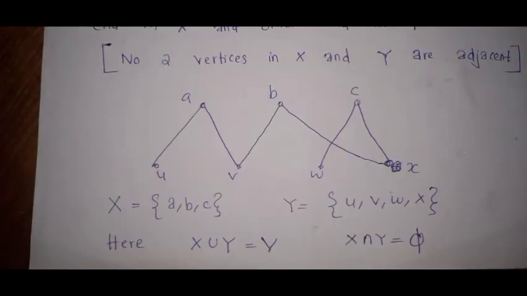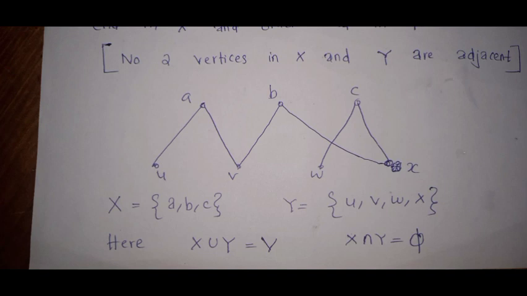Here we can see that the vertex set V can be partitioned into two subsets, that is X and Y, such that each edge of G connects a vertex of Y to a vertex of X. In other words, there is no edge joining two vertices in X or two vertices in Y. And in a bipartite graph, X union Y equals V and X intersection Y equals phi, that is, the empty set.